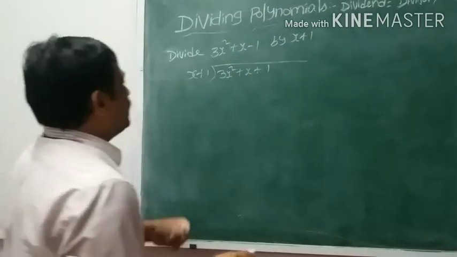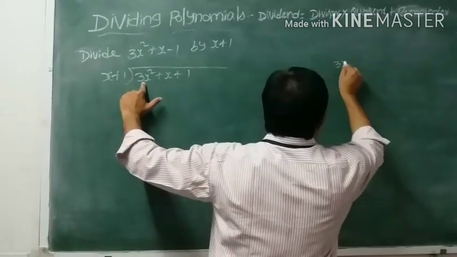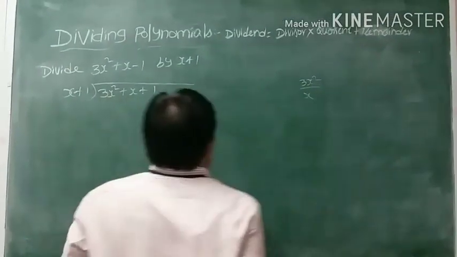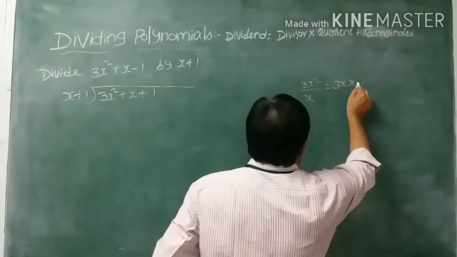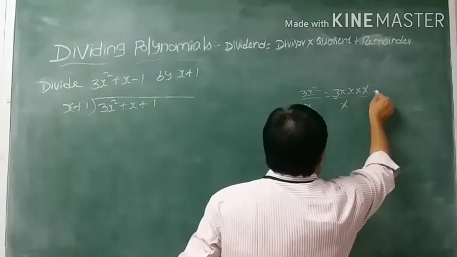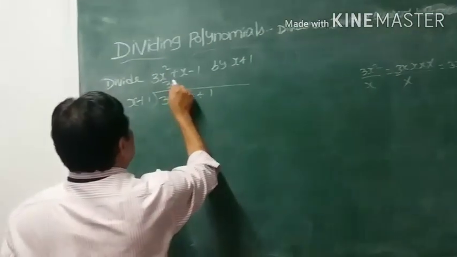Similarly, just like the previous sum, now 3x square by x plus 1. Which one is the first term? x. That means 3 into x square is converted as x into x by x. x will get cancelled, so we will get 3x. Write the 3x as it is.